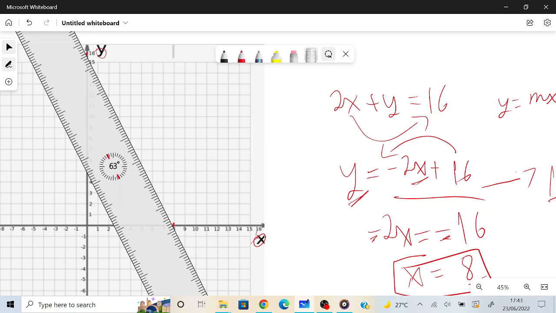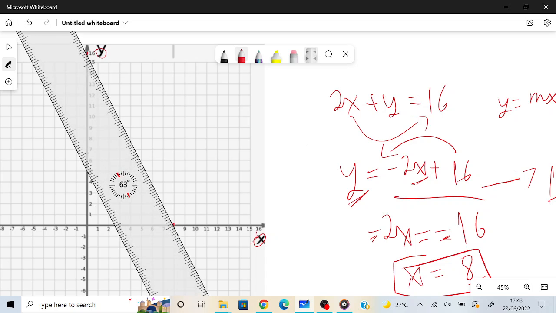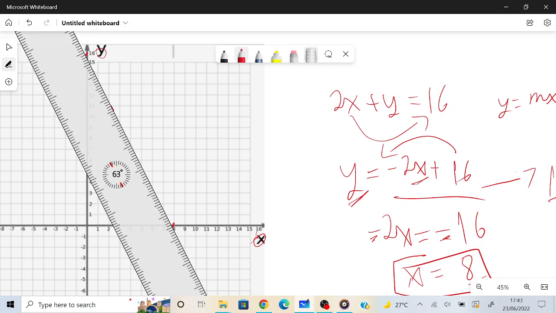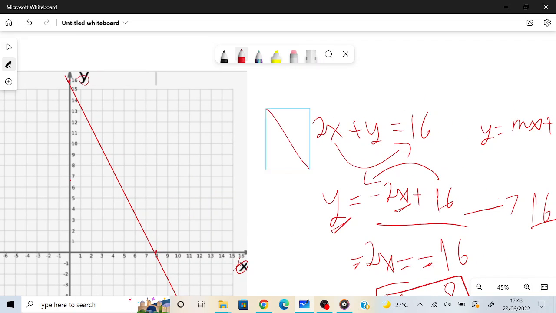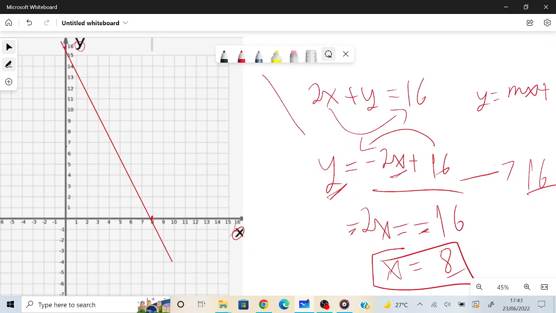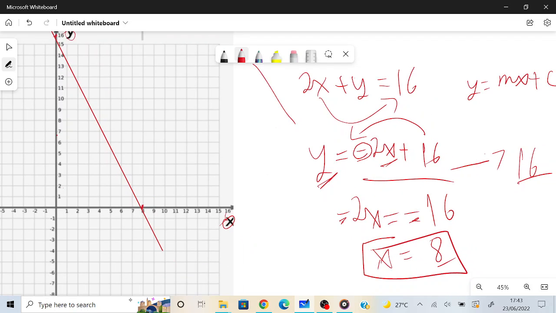Again, just a rough sketch. It's not the most accurate, but it is the best you can have for a clear understanding. And as you can see, this graph is downward sloping because we did have a negative coefficient for the x value.